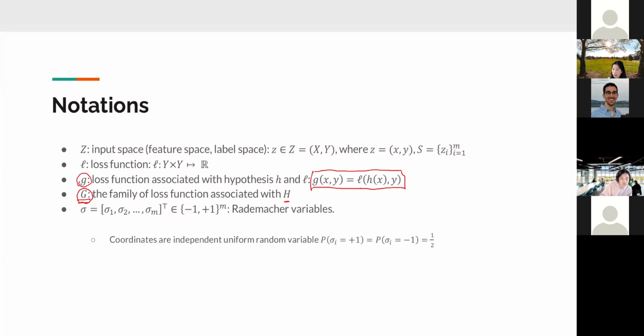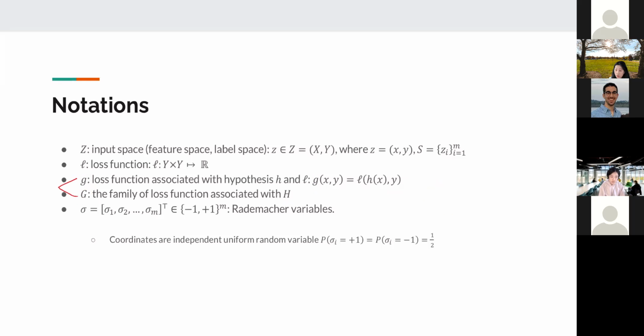Otherwise, it's not defined. Okay? I know this might be abused notation. Sometimes you want to say g of h or something, but for simple notation, we're just using g instead of g sub h or something like that. Okay, so hope this is clear. All right, so far so good. Any confusions about the small g and capital G? Okay, if not, I'm going to continue.